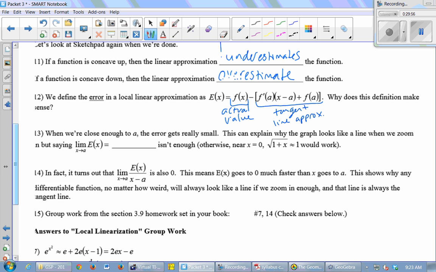So this explains why any graph looks like a line if you zoom in enough. Okay? But saying that the limit as x goes to a of the error equals 0 is not enough, right?